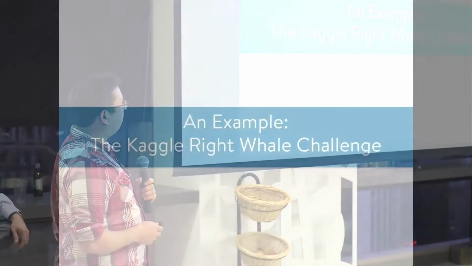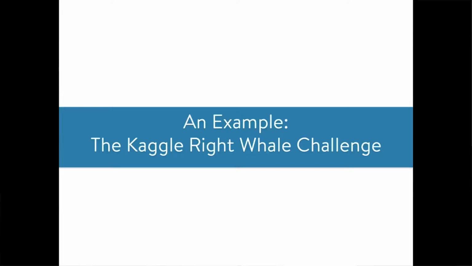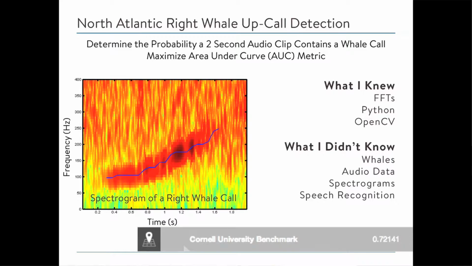All right, and so to illustrate that, I'm going to walk through this Kaggle right whale challenge and talk about how I approached the problem and how I used this process, and then what the ultimate result was. Just as a quick recap, the whale challenge was a competition where they provided you with something like 80,000 2-second audio clips.